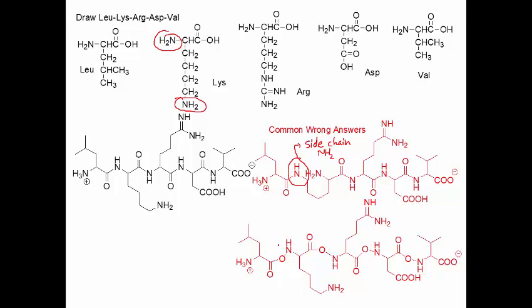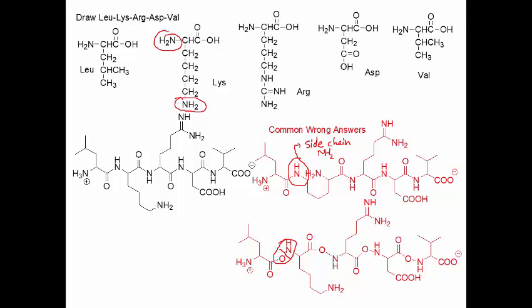Okay, another common answer that's not really a good answer at all is that we show something that has oxygen-nitrogen bonds, okay? And this is not a feature of proteins. Remember that when we make an amide, we take an amine and a carboxylic acid, and we make a carbon-nitrogen bond, and we eliminate water, okay? So here, we're not really eliminating water, we're eliminating actually H2, and this is not very favorable.